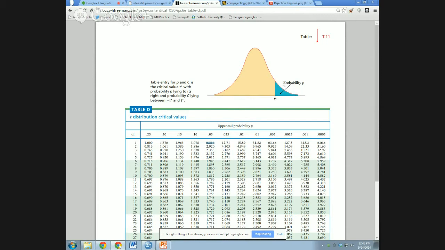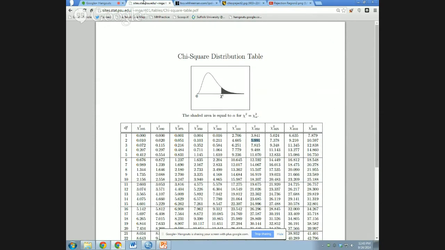So hopefully this makes a little bit more sense between the critical value of a statistical test and the probability or alpha level or level of significance of that test when we deal with null hypothesis testing. Okay?